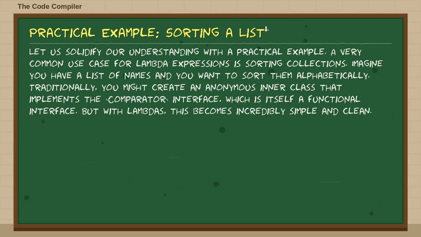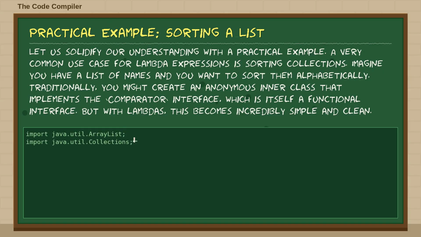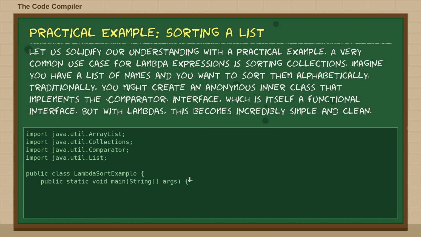It takes two strings s1 and s2 and returns the result of comparing them. This one line of code achieves the same functionality as several lines of an anonymous inner class, demonstrating the power of conciseness that lambdas bring. This is just one of many practical applications, from event handling to stream application programming interface operations.